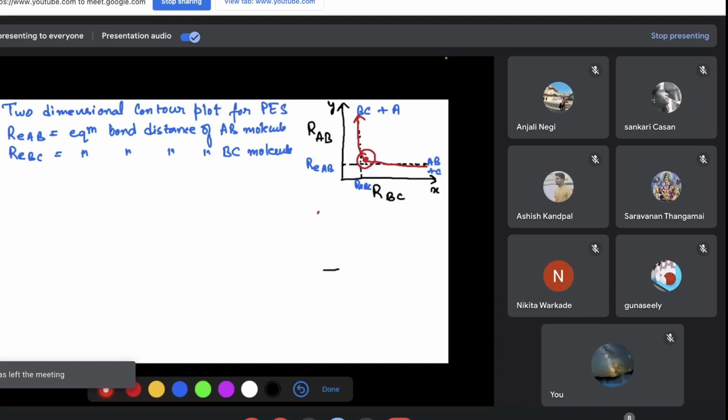It is simply something like this. This is my reactant, my product, and here I have my transition state.